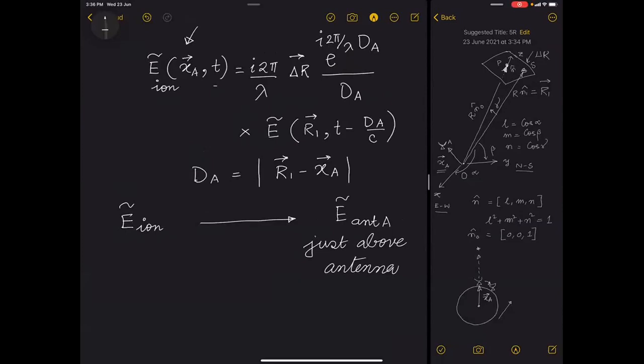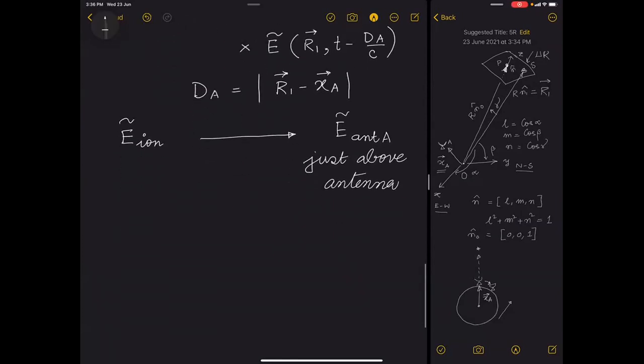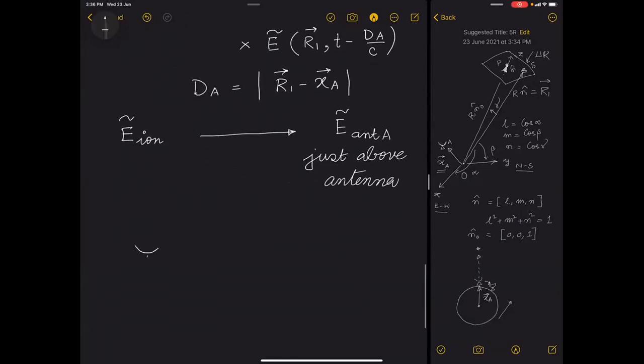But what happens is that this is going through the ionosphere. This electric field is going through the ionosphere, and the ionosphere is not completely opaque to the radiation. So the ionosphere will do two things to this radiation. One is that it will add a phase. Okay, let me take a step back.